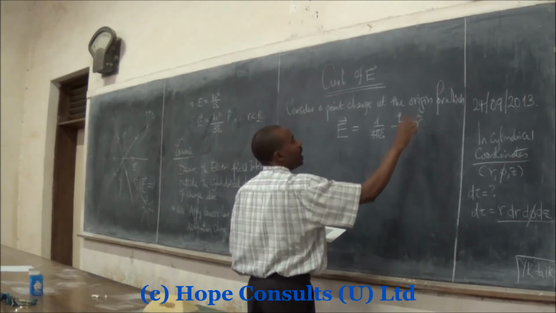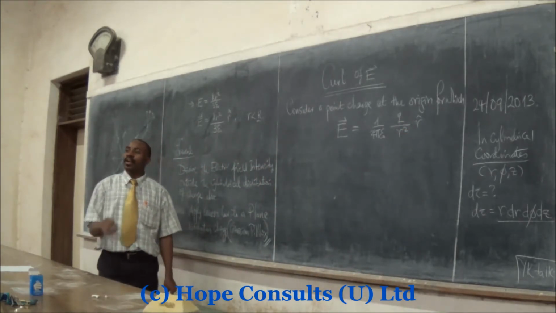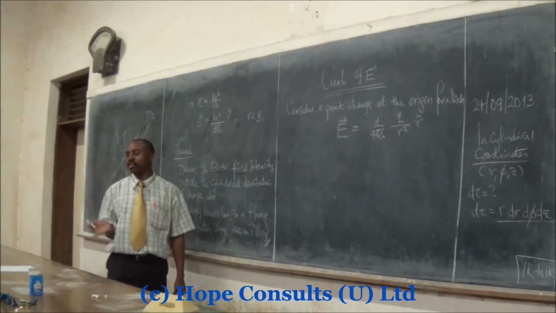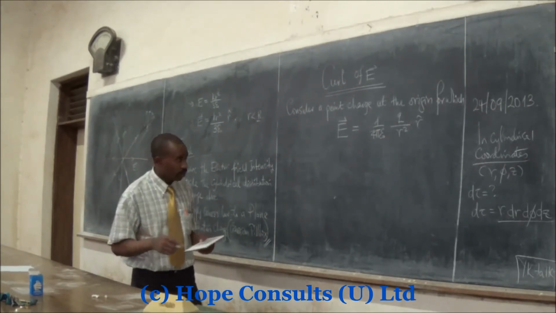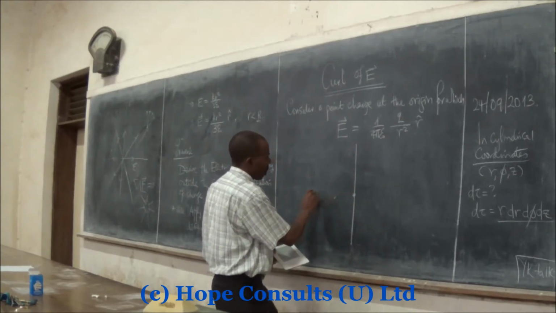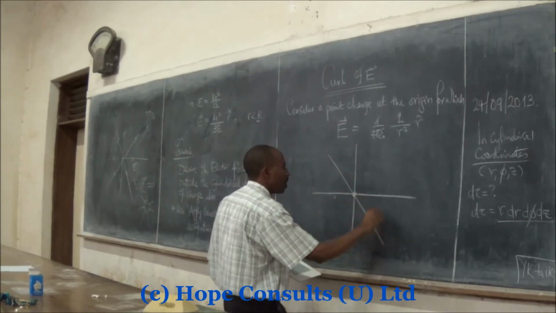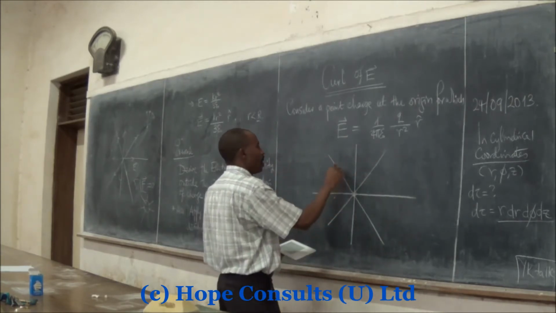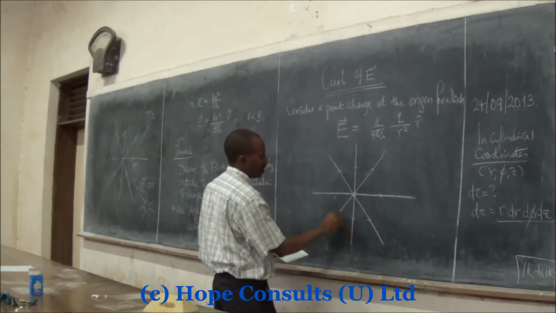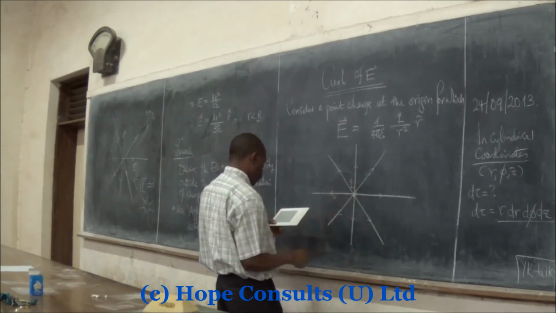It will be radially along the radius of any spherical surface that you take around this kind of charge distribution. And we can draw it. So we have our field lines getting out of the charge Q.